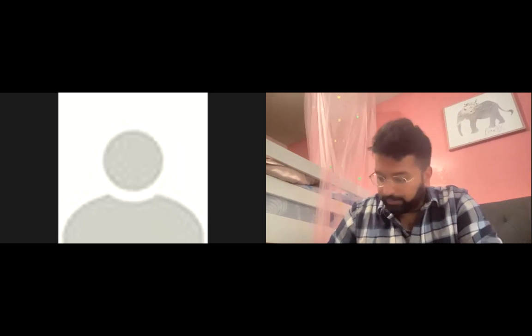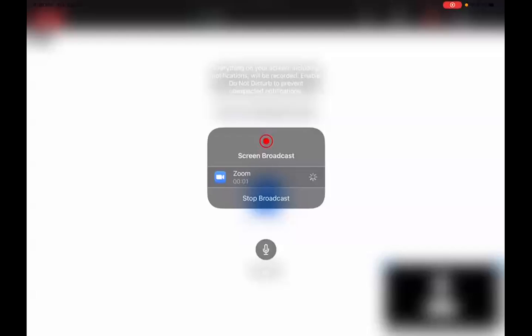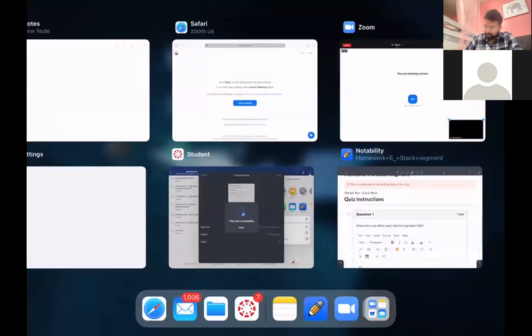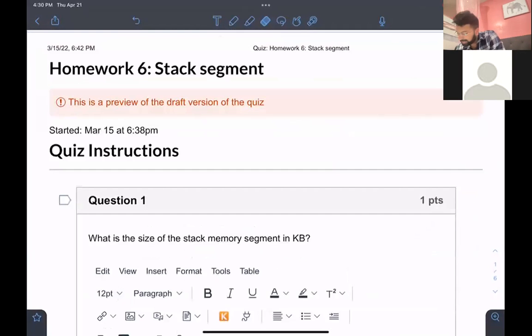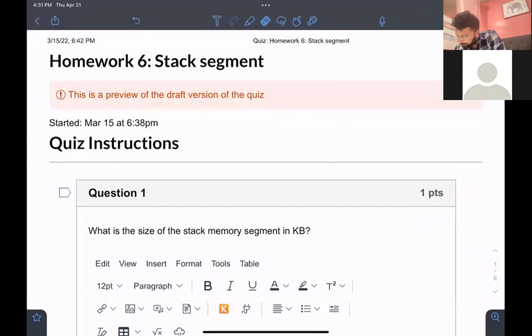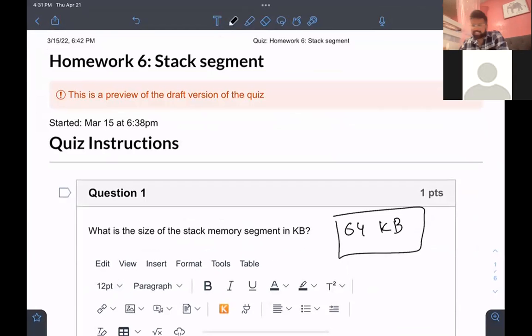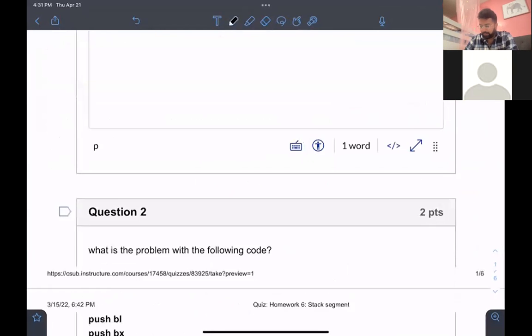So the size of a stack segment in kilobytes is 64 kilobytes. Again, this problem has nothing special, you don't have to do any math or anything else. It's just basic general knowledge.